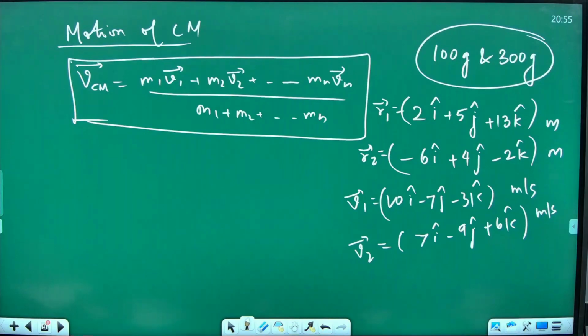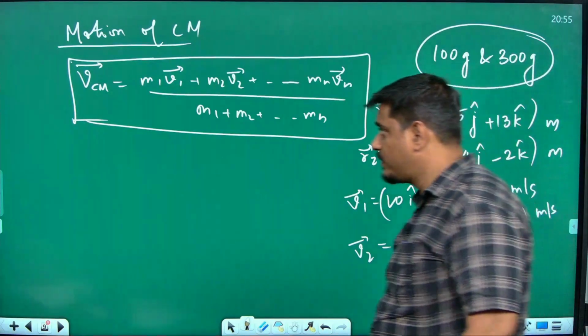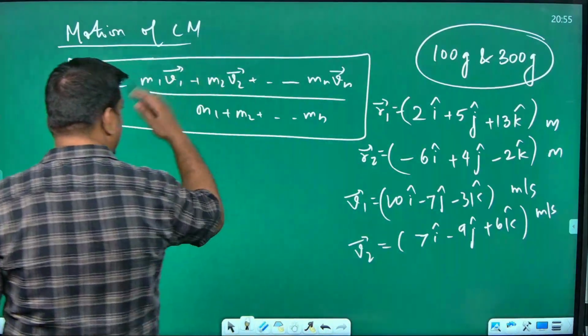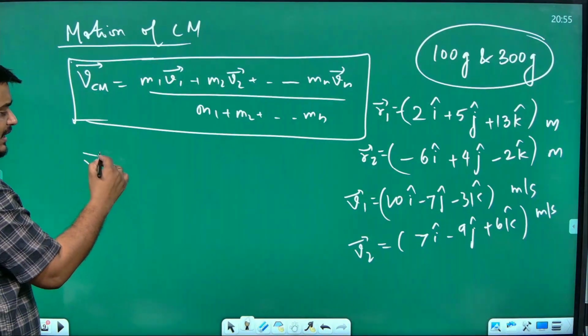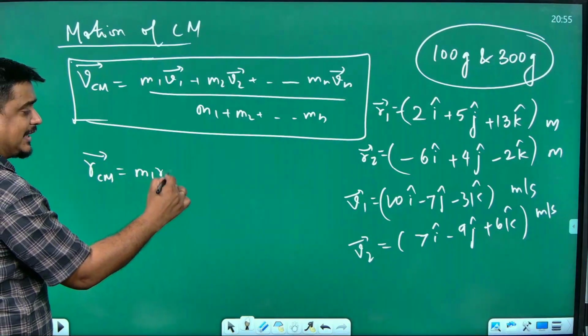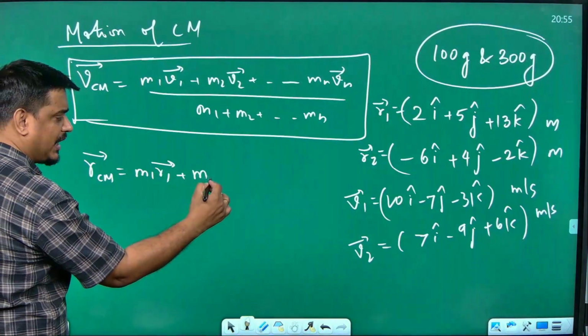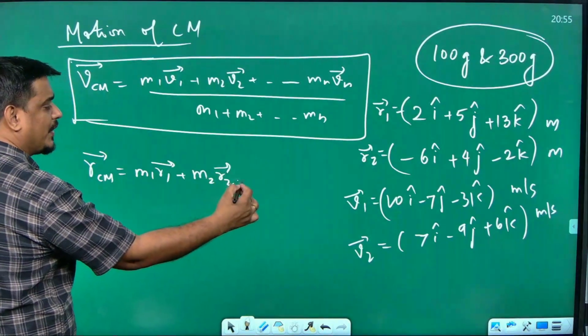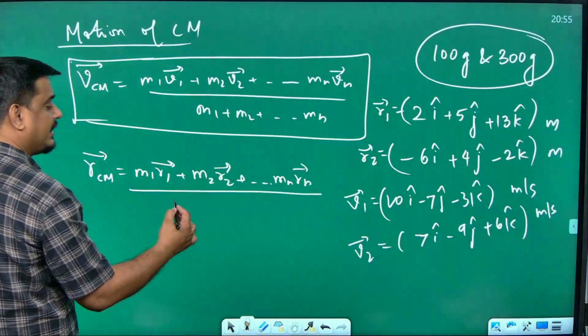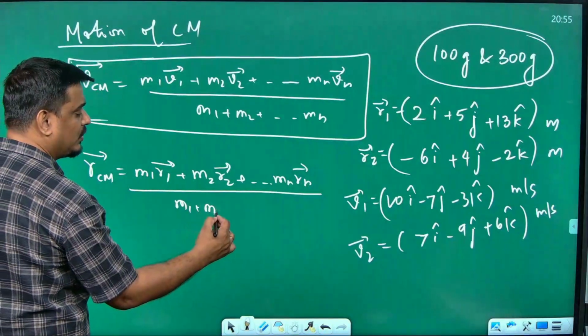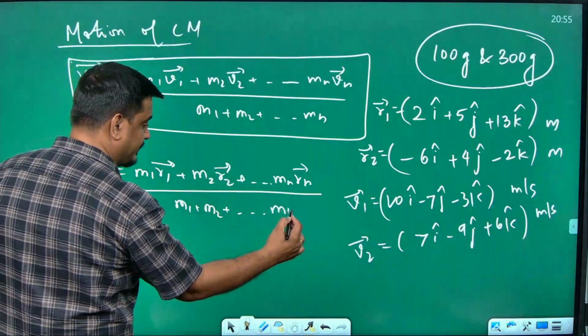Do you understand this? Can you repeat the formula? What formula I told, I have written here for velocity, and for position of center of mass, RCM vector is equal to, this I told in the previous class also, m1 r1 vector plus m2 r2 vector up to mn rn vector divided by m1 plus m2 up to mn.